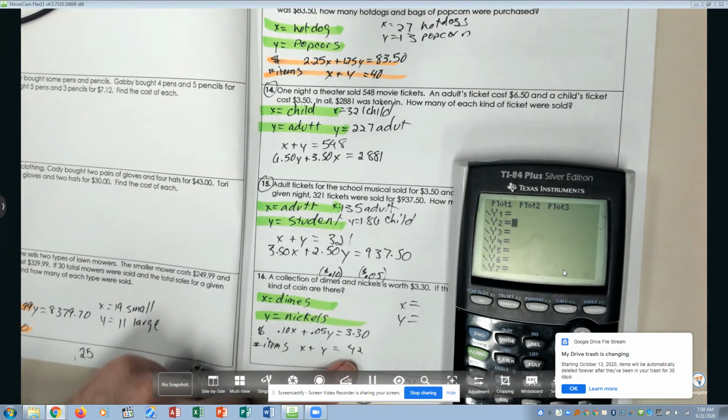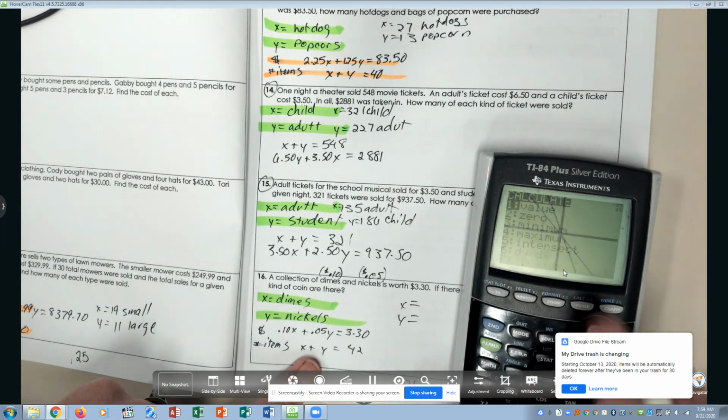All right, so 330 minus the X term, divide by the coefficient of Y. Remember, a dime is 0.05, not 0.5. And then 42 minus X. Let's see if we can see the intersection. I can. So 64, oops, I made a mistake.